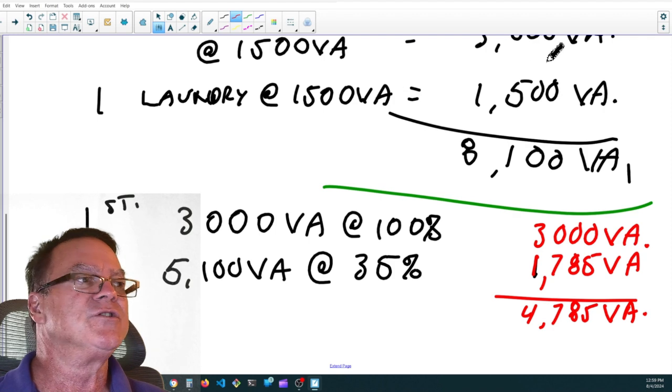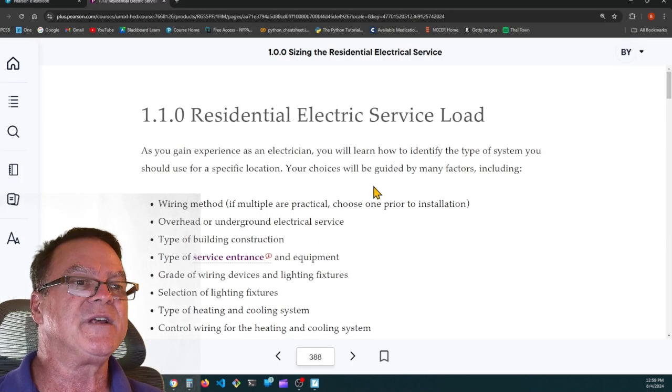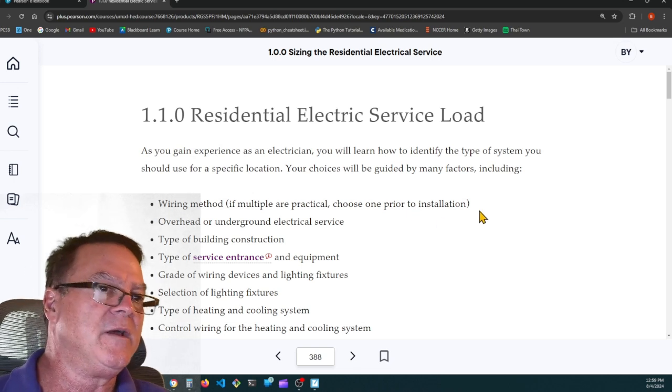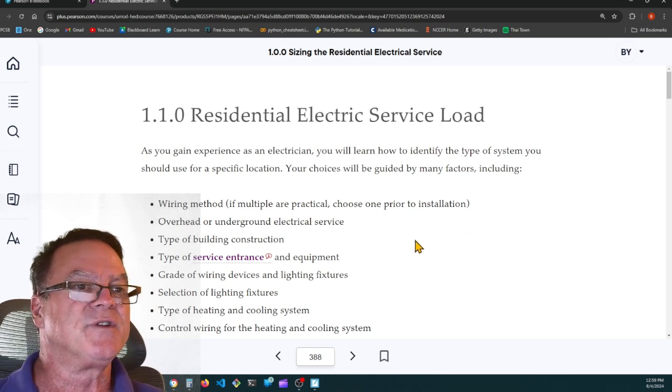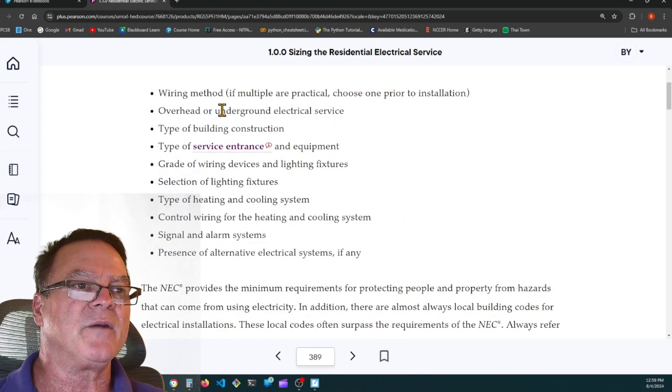Okay, so let's go into the book and see what the book says. Residential electrical service load, as you gain experience, I'm not going to read all this.